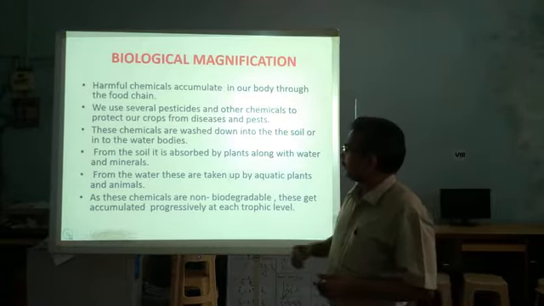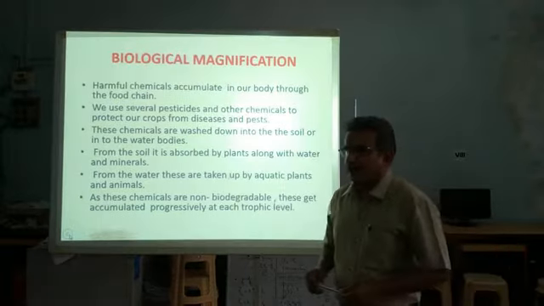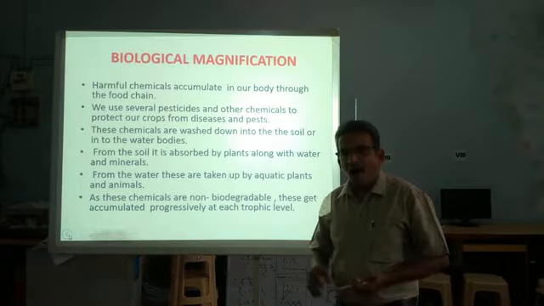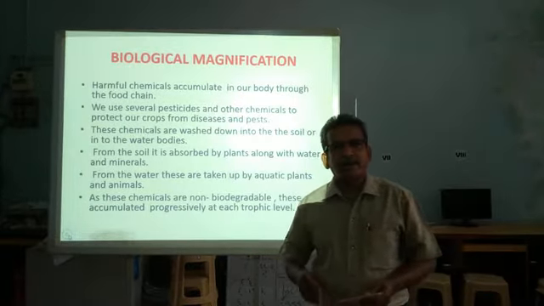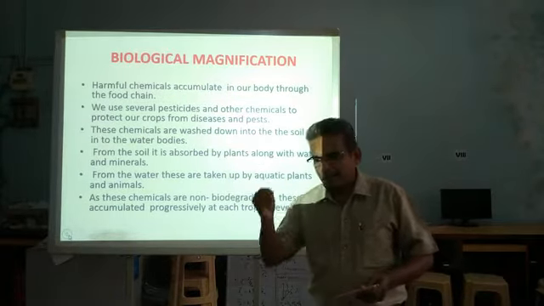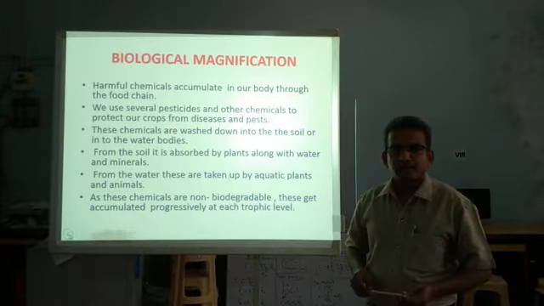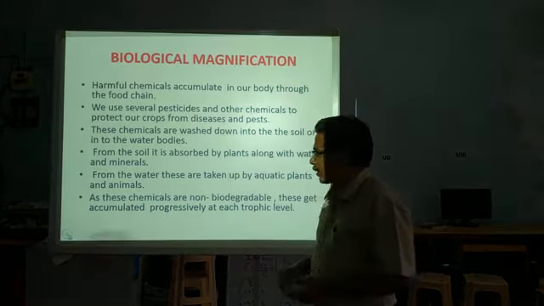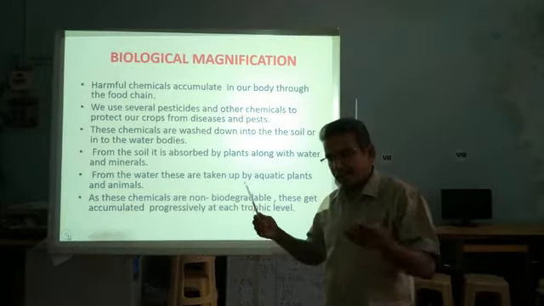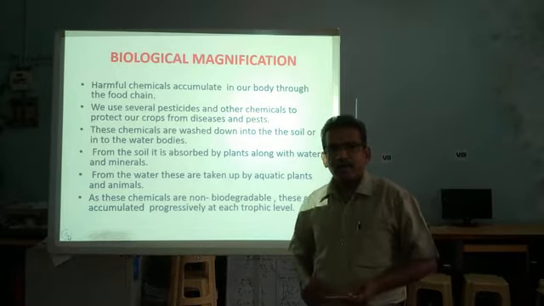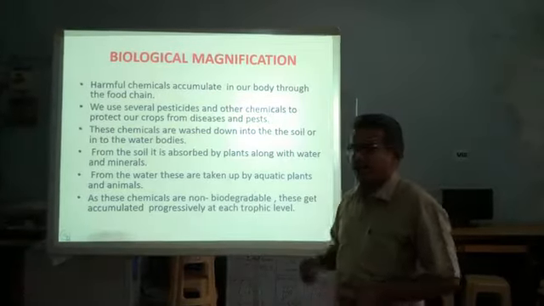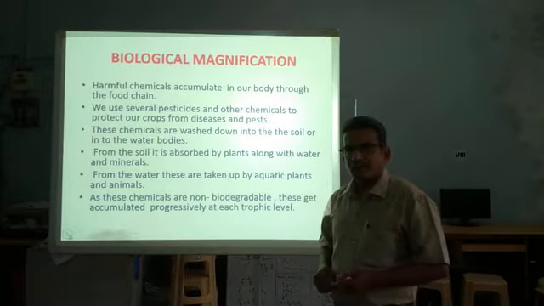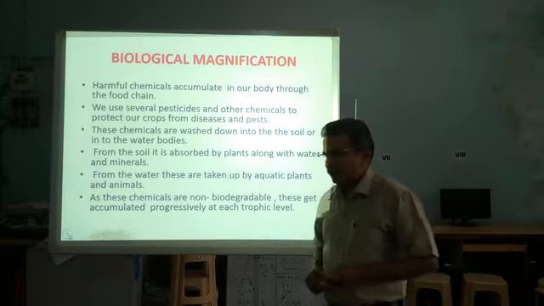Once we have applied these to our field or over the crops, it is not necessary that all of these chemicals are completely absorbed by the plants. Some portion remains unabsorbed, remaining in the soil or attached to the body parts of the plants.